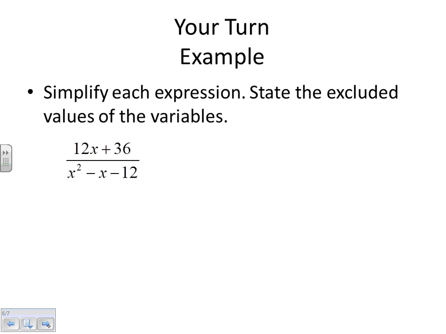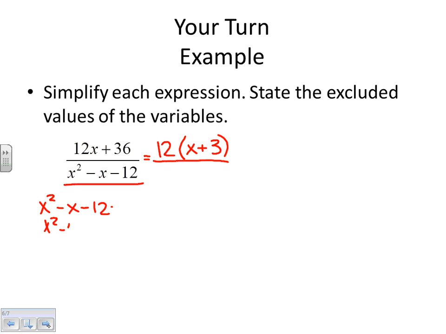All right, I would like you to try this one. Pause me as you work the problem out and replay me when you're ready for the answer. Okay, so first we're factoring the top. We get 12 as your greatest common factor, 12 times x plus 3. Over, we've got to factor the bottom, x squared minus x minus 12, and we have x squared minus 4x plus 3x minus 12.